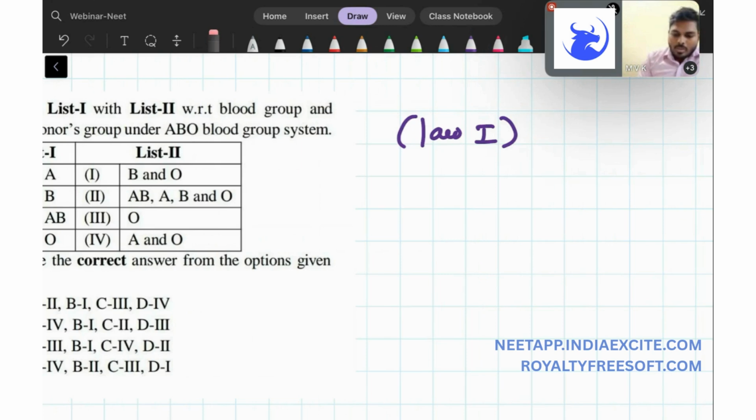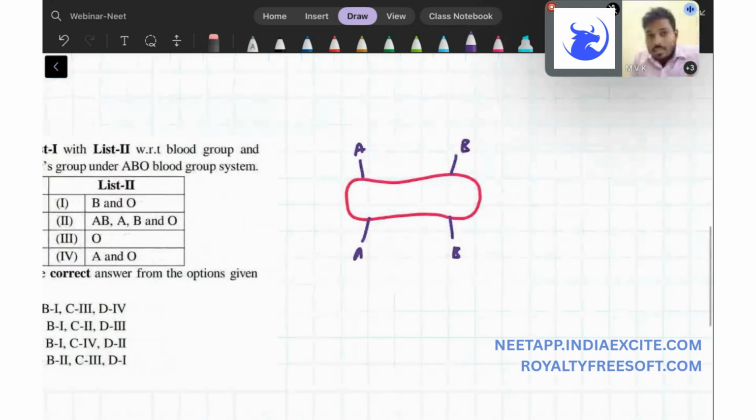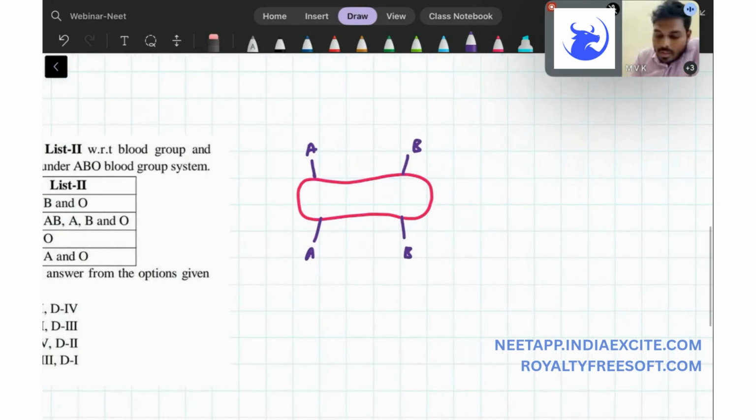Let's say a person has a blood group of AB. In AB blood group, he is going to have both A antigen and B antigen. I'll link this chapter with the genetics part, principles of inheritance, where we see that ABO blood grouping is an example of multiple allelism.